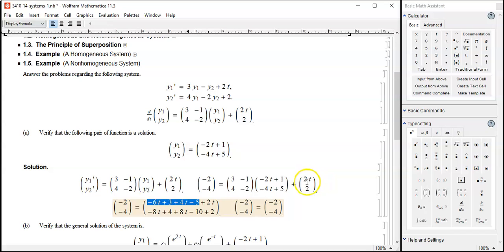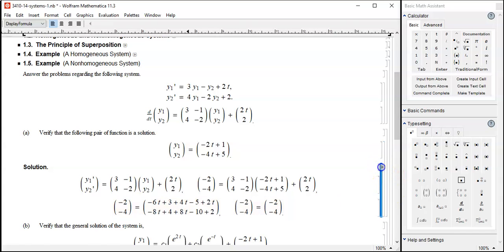And then we have plus 2t, the non-homogeneous part. Second line, and this column, and it's going to be up to here. And then we have plus 2 from this non-homogeneous part here. And if you simplify, yes, the answer is yes. Checks out. So yes, it is a solution.